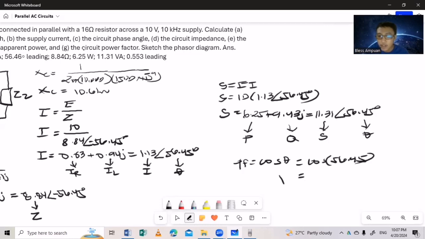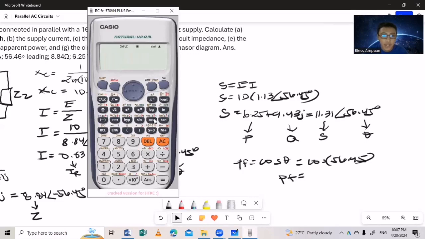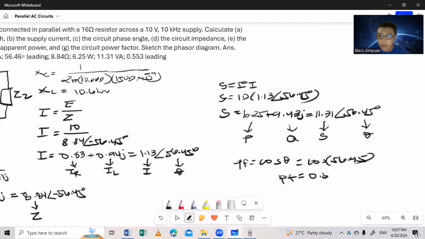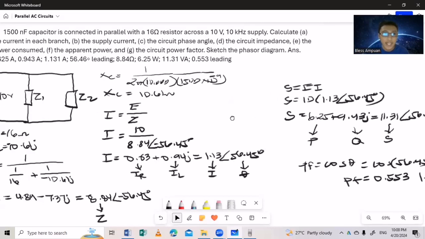So our power factor is now equal to 0.553. Again, it's leading, using the value for our current in polar form, the phase angle is positive, so it's leading. Okay, so that's all for our example number 6.